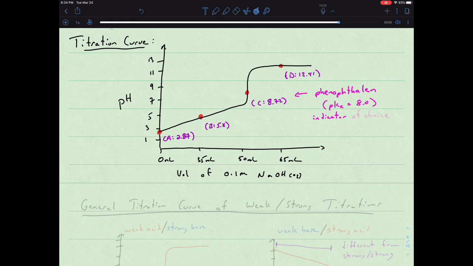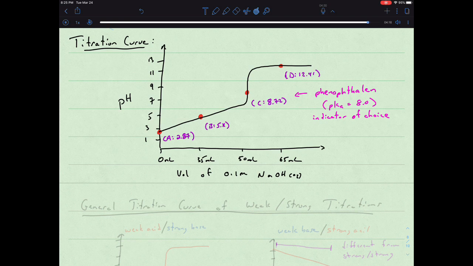Remember, we have that plus or minus 1 pH unit. So this would be the indicator of choice. And this type of a sketch, with this slowly increasing beginning compared to the flat beginning that we saw for strong titrations, is indicative of this weak strong titration.